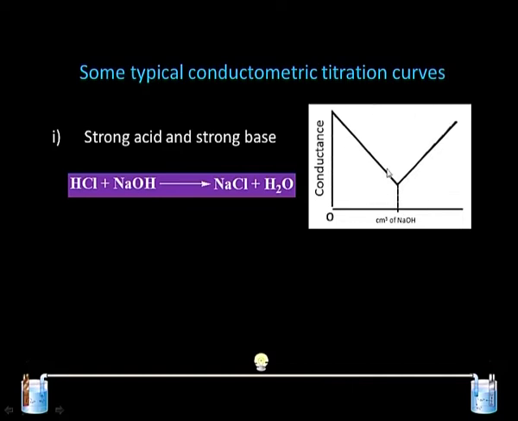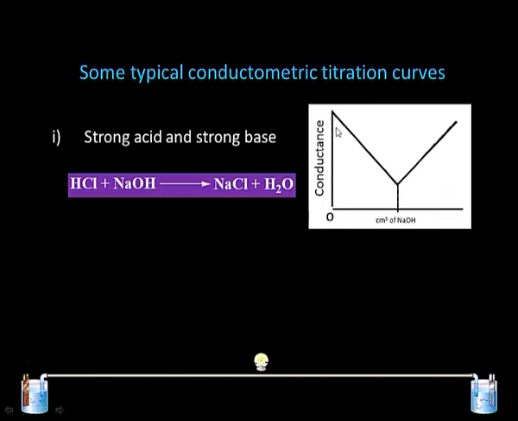The reason for getting this type of curve is that when you have HCl in the solution, the H+ ions are very mobile, they move very fast, and they have very high ionic conductance. When they are replaced by Na+, which is less mobile, the conductance begins to fall, and H+ is consumed in the form of water, which does not dissociate to a large extent.